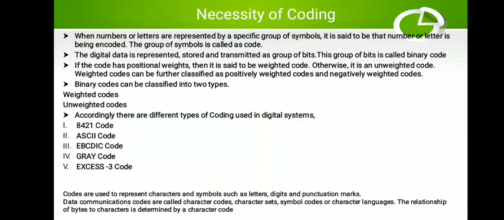We say that any number or letter is being encoded, which means it is coded. We are assigning some specific group of symbols to it to represent some information or data. Followed? So this group of symbols is called a code.